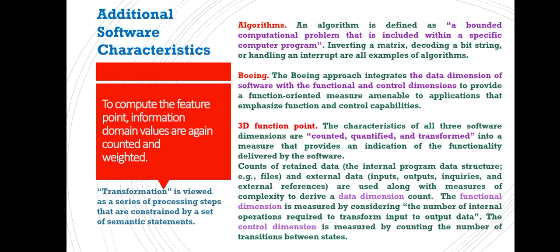Whenever we are performing transformation, then we need to apply certain conditions with a set of meaningful statements or meaningful instructions, that is represented as semantic statements. Constraints are nothing but conditions. So, the transformation is viewed as a series of processing steps that are constrained by a set of semantic statements. I hope you got the point.